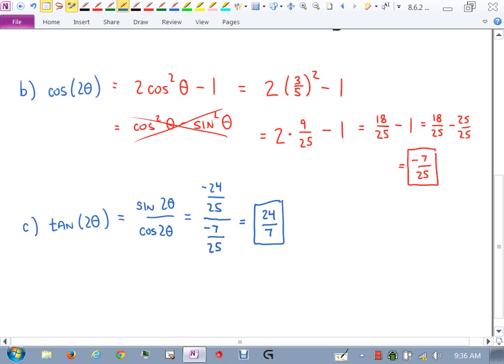Okay, the next set of formulas, they're in the book, but they don't give it a good name, these formulas, but they're on your formula sheet. And I believe they're called power reducing formulas.